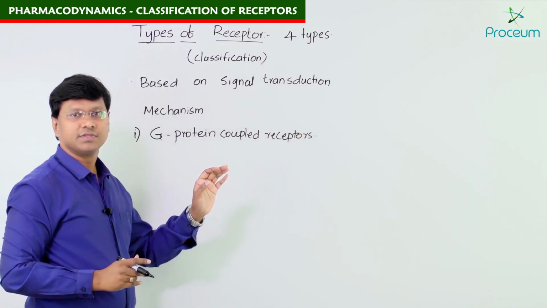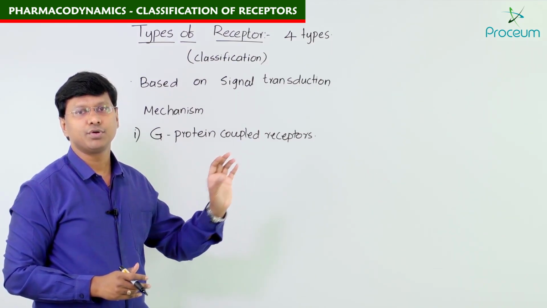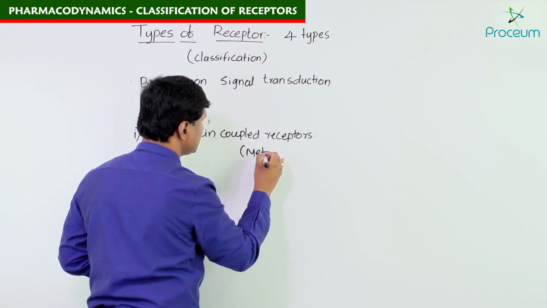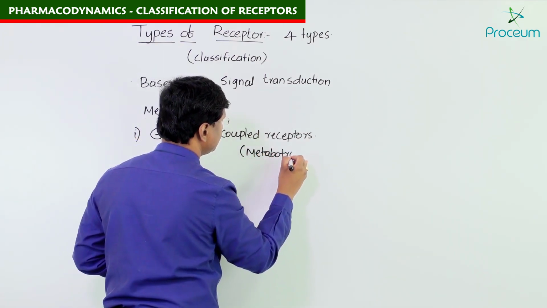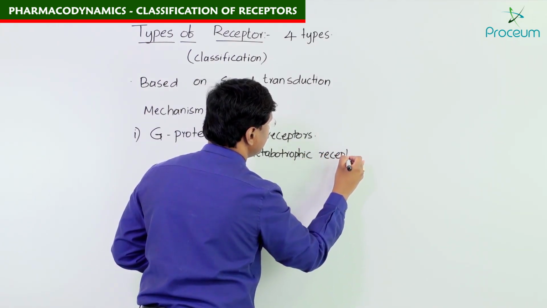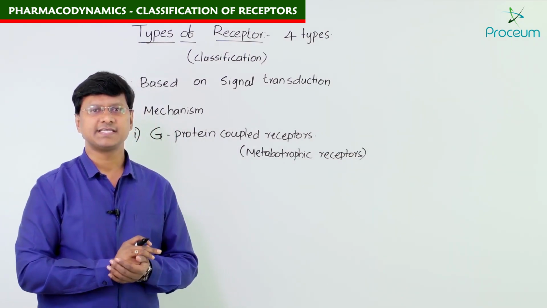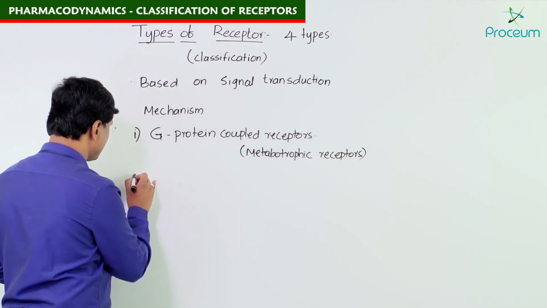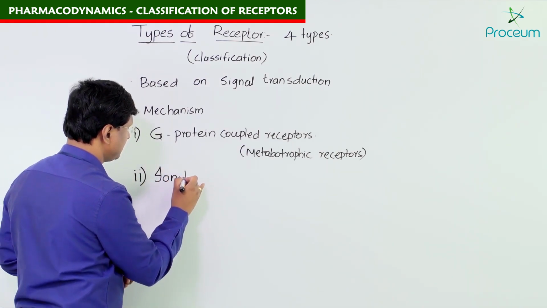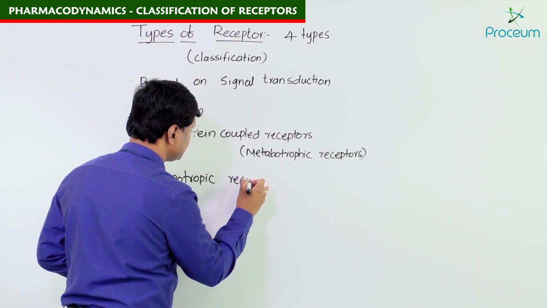Now these G protein coupled receptors are also called metabotropic receptors, right? So the second type are the inotropic receptors.